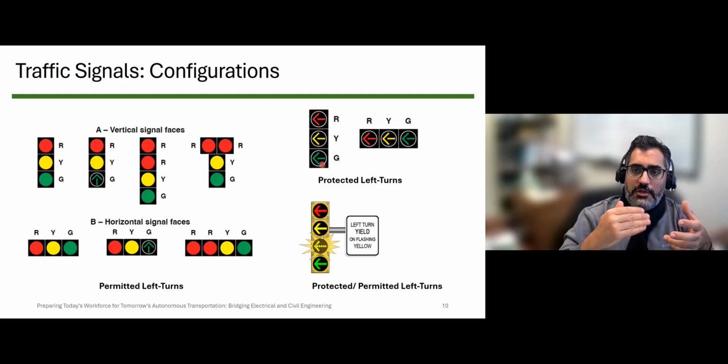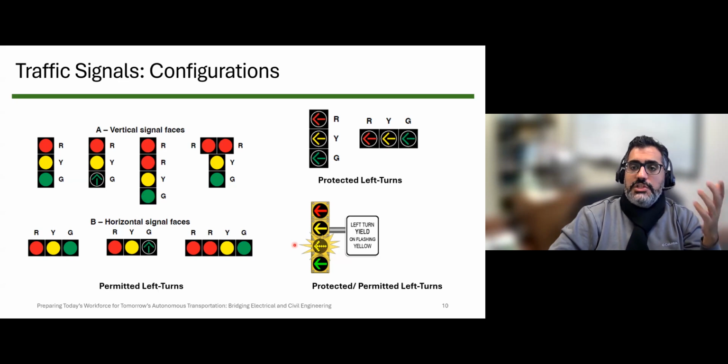A flashing yellow arrow shows a permitted left turn. Also, let's say, for example, this is a circular green for the left turn movement. A circular green is equivalent to a flashing yellow arrow.